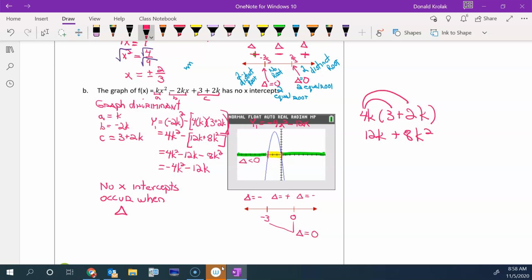So when delta is negative. Here, delta is negative. Here, delta is positive. And at this number, delta is 0.